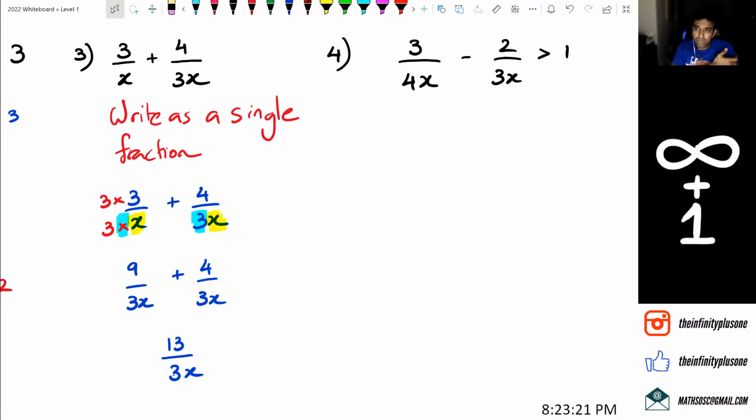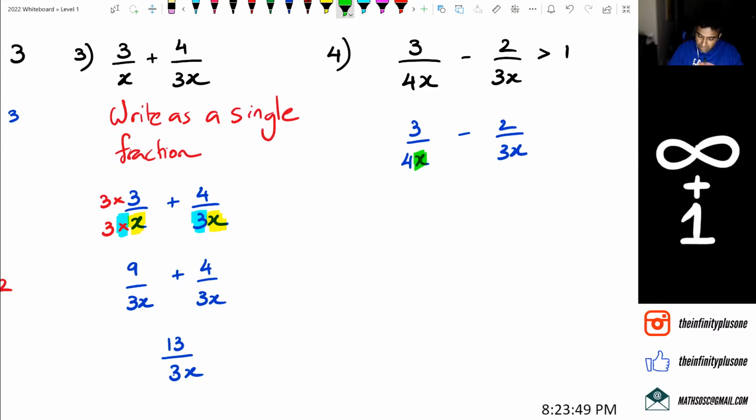So Bambi, if you look at this particular question, if you had done that cross multiplication, then your denominator is going to have an x squared, and things are going to get a little bit tricky there. But let's have a look at this question. The first thing, as we were talking about, is we need to put the denominators to be the same. So I've got 3 over 4x minus 2 over 3x.